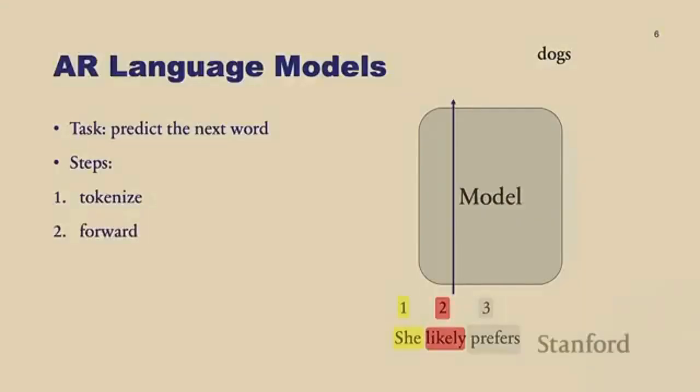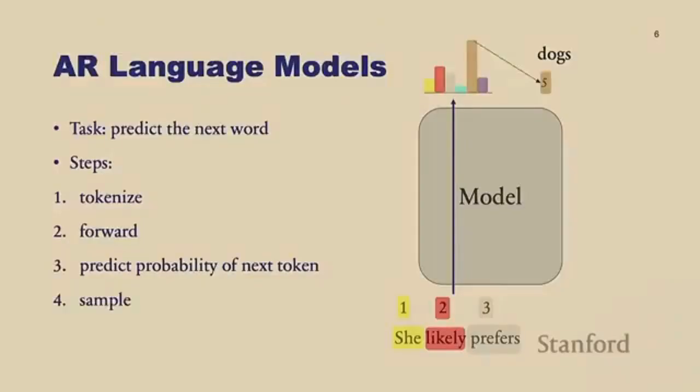Then you pass it through this black box. As I already said, we're not going to talk about the architecture. You just pass it through a model, and you then get a probability distribution over the next word or over the next token. Then you sample from this distribution, you get a new token, and then you detokenize. So you get a new ID, you then detokenize, and that's how you basically sample from a language model.